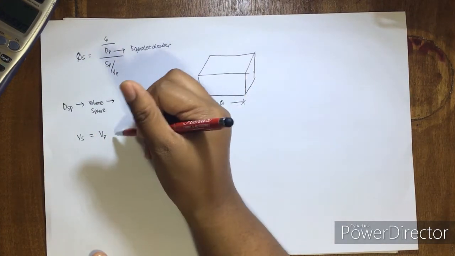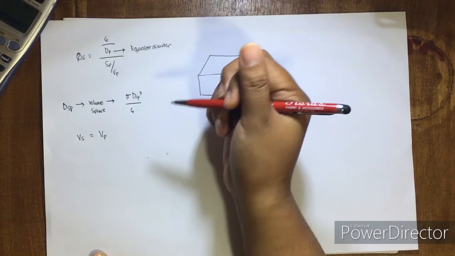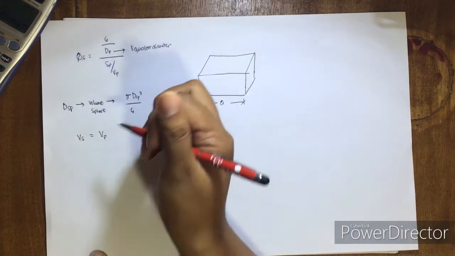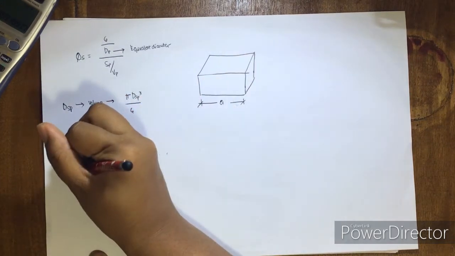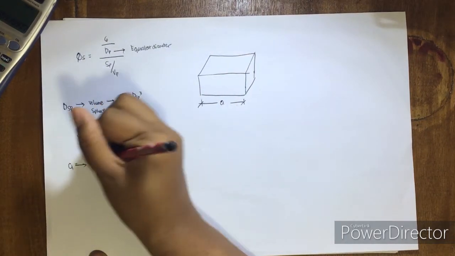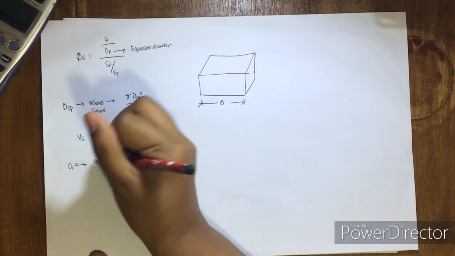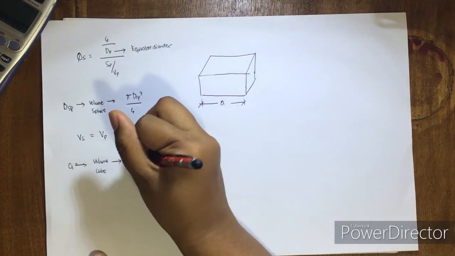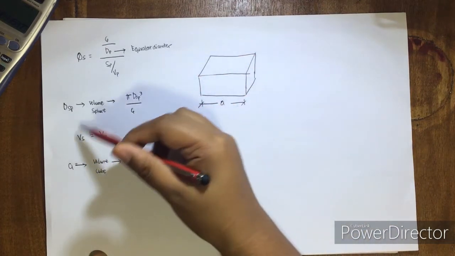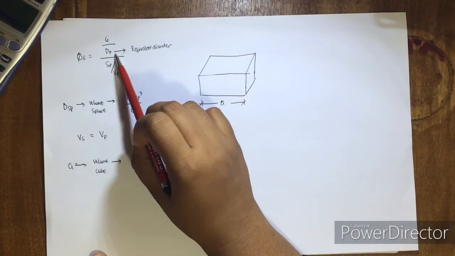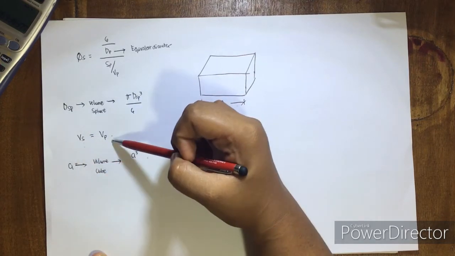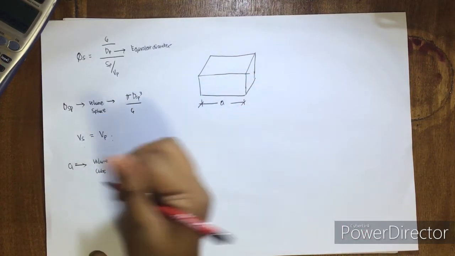So let's get the volume of our cube, since the cube is our particle in this example. Using the edge A, the volume of our cube is A cubed. To get the equivalent diameter, let's equate the volume of our sphere to the volume of our particle.